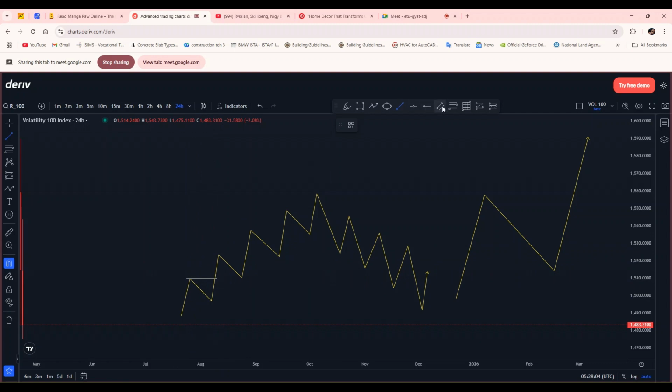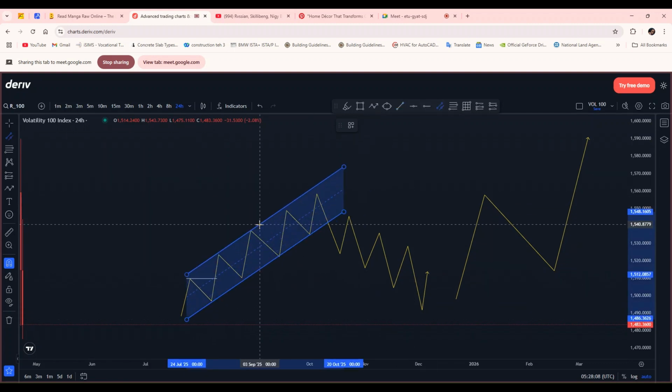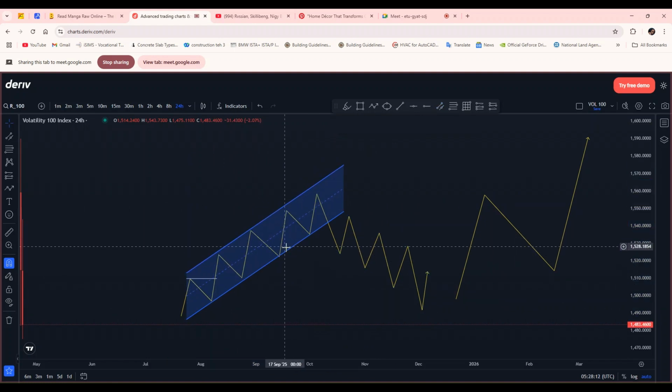So I'm going to use this trend channel to identify the current movement of trend, which is basically an uptrend. The market has been consecutively breaking highs here. So systematically, it does the same thing over and over, breaking highs.